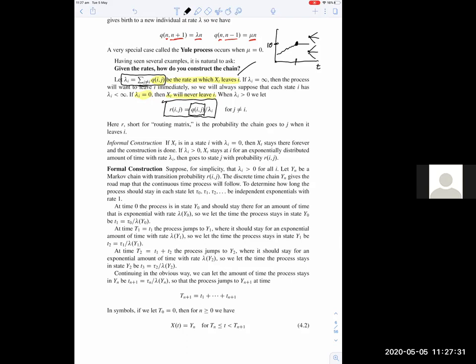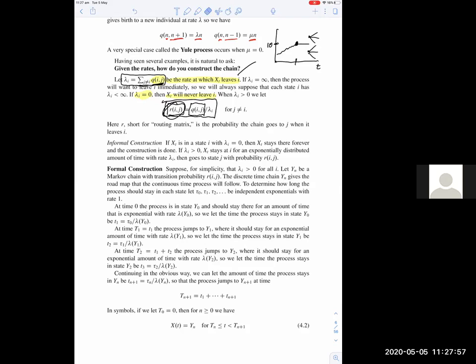With these probabilities, you have your embedded discrete time jump chain within a continuous time Markov chain. If the Markov chain was specified by these rates, then these probabilities will give you some of the information. They won't give you all the information. They won't say how quickly things happen. They'll say what the probabilities of going from one place to another are.